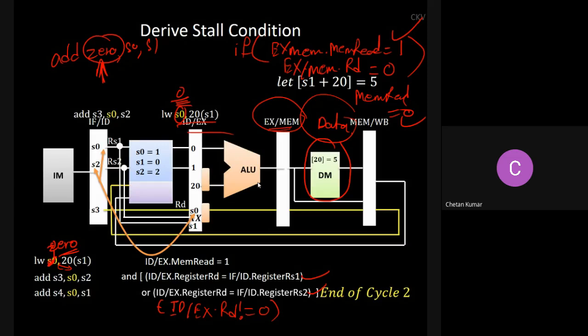If you're talking about unnecessary access to data memory, then you can add one more condition like this, but that is a separate control unit just before the memory, which will check if the memory signal is 1, meaning it is a load instruction. But if the destination is 0, you make your memory signal 0, so that will avoid unnecessary data memory access. Okay, is it clear? So did I answer both of your cases?